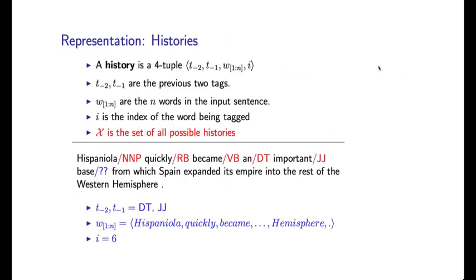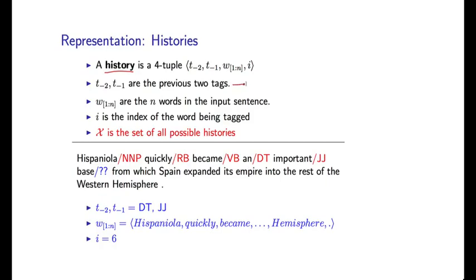So to apply log linear models, we're going to have to develop a little bit of notation. And a critical idea is going to be the idea of a history, which basically captures all of the information in the context, all of the contextual information that we can condition on. And a history is going to be a four-tuple consisting of the following.